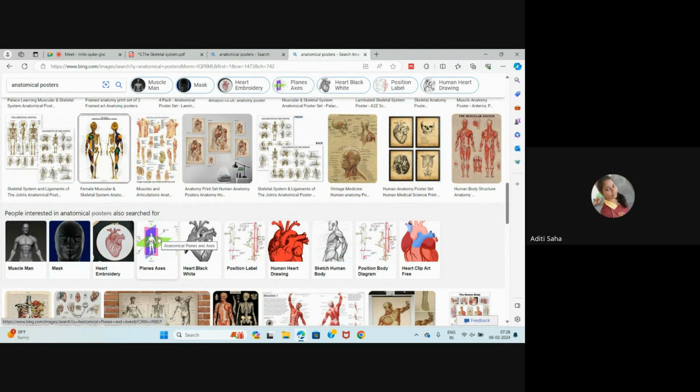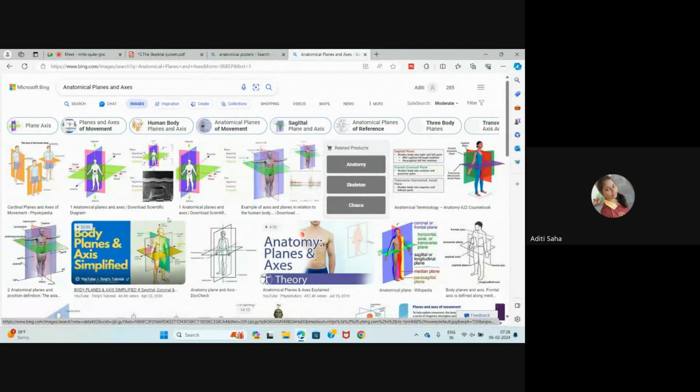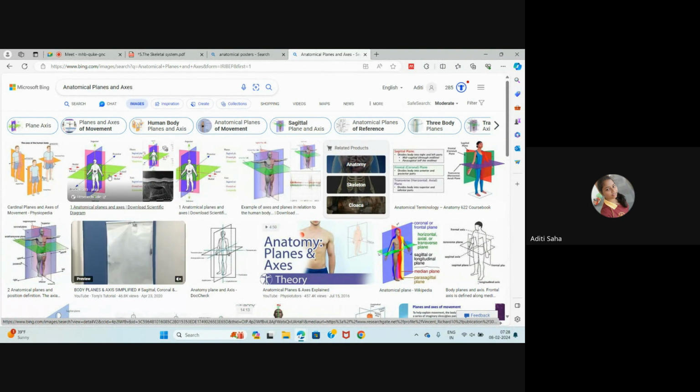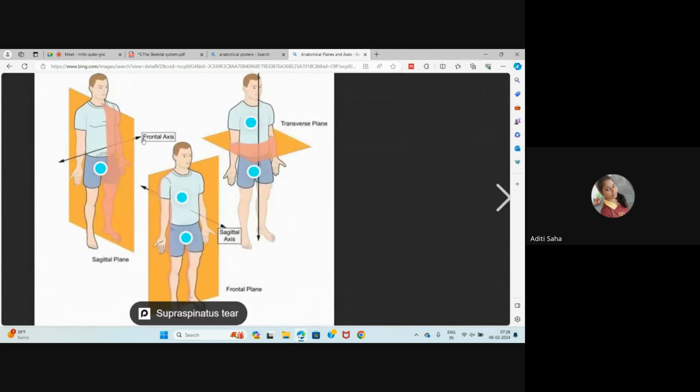And see this picture. Yes, this one. This is what I was telling you, this is the way an anatomical figure is drawn.